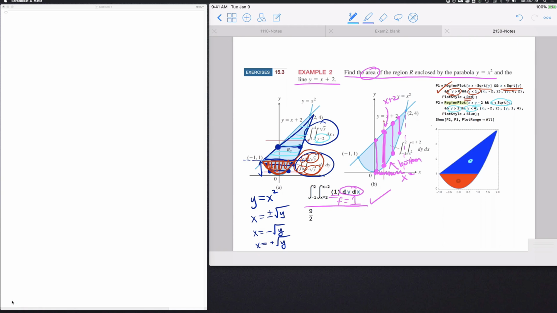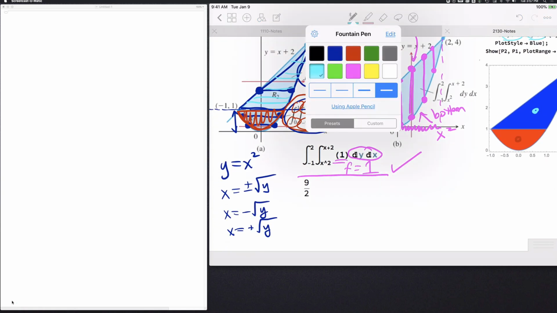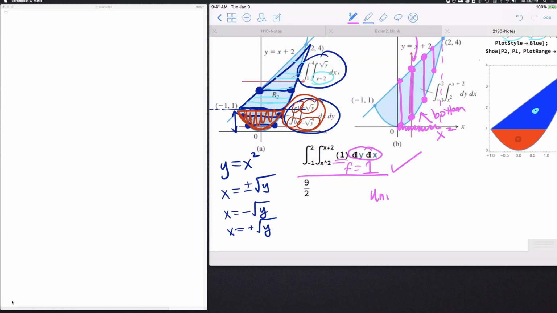The key thing to notice here, if we're focusing on the units, is that when you look at 1 dy dx, dy is measured in meters, for example. That's this part of the region. Then there is the dx. It is also measured in units, perhaps meters, and that would be this side.